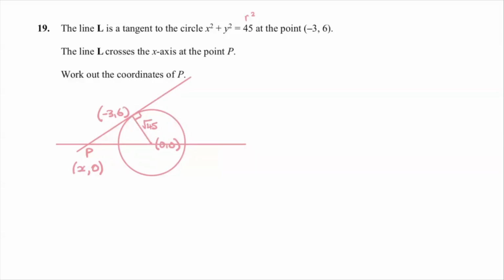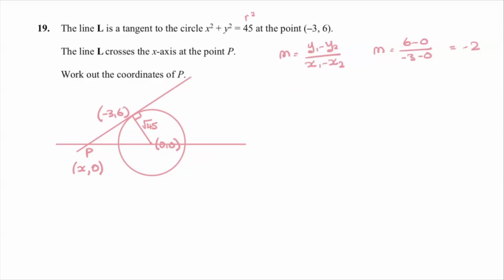So we've got a gradient formula, which is y1 minus y2 over x1 minus x2. You're going to substitute in your coordinates, which gives -2. Now that is the gradient of the radius.